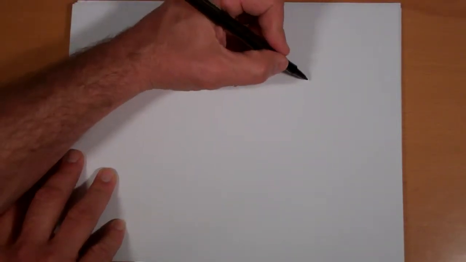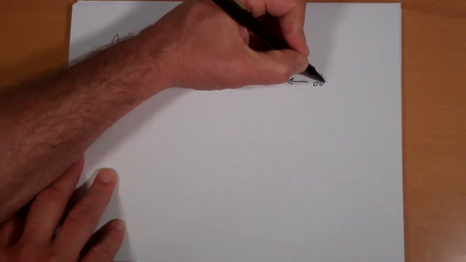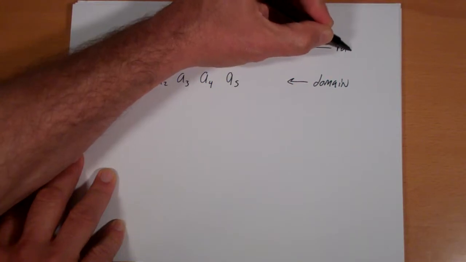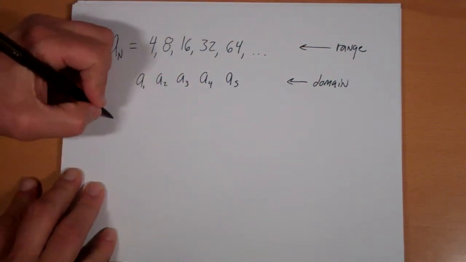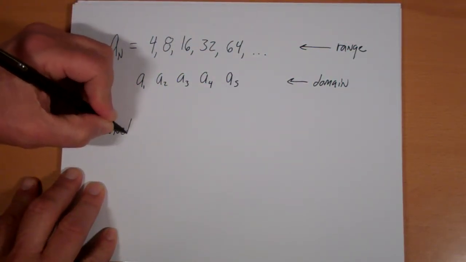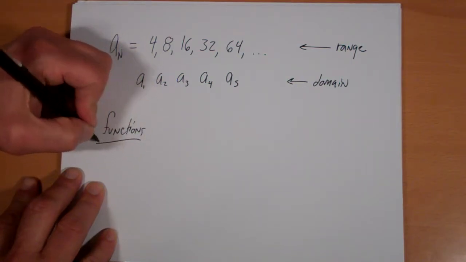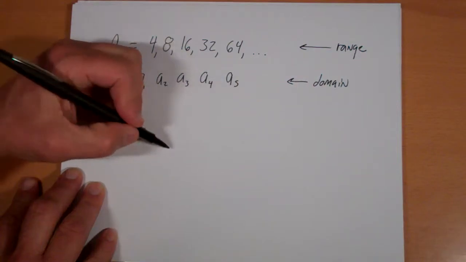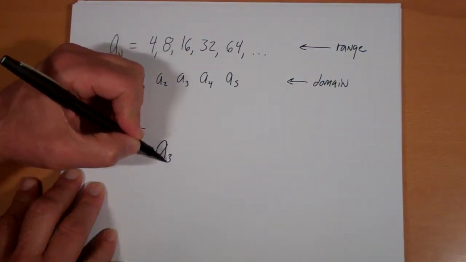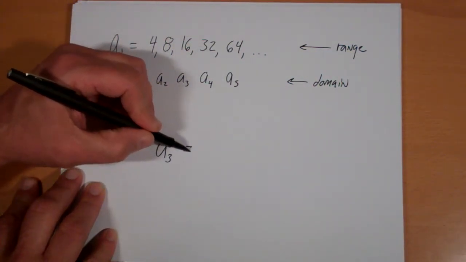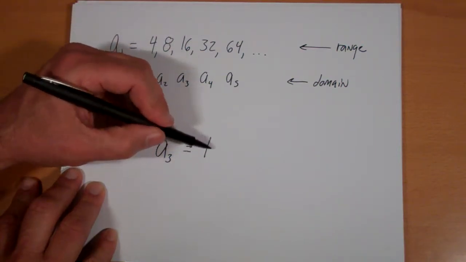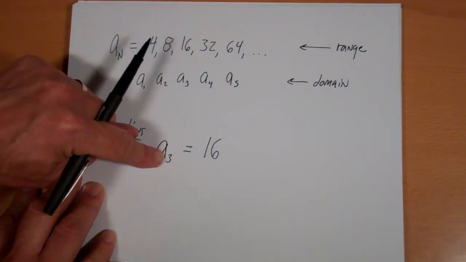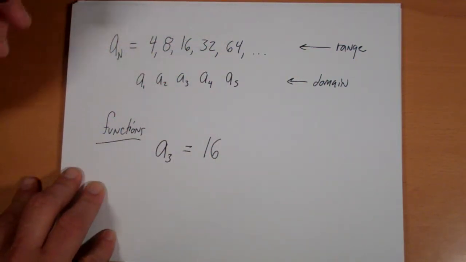Then in the same way as functions, we call this the domain and this the range. And though we don't usually think of it as a function, we can, because you can tell me which term it is. So if you want to find the third term, it has a certain value, in this case 16. The input here is which term it is in which sequence. The output is the actual quantity value.